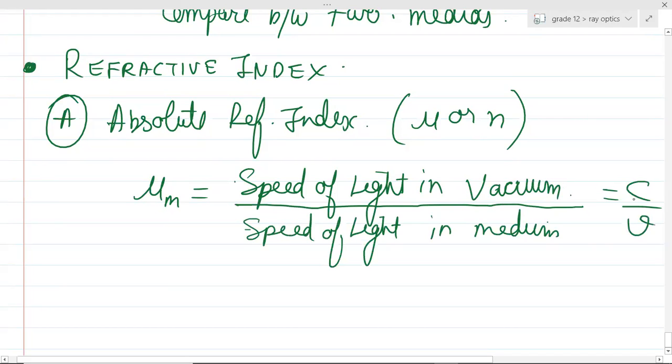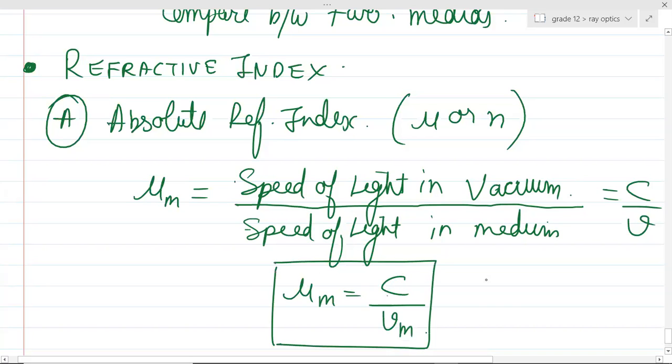Speed of light in vacuum is given by c and the velocity in the medium is v. So the absolute refractive index of a medium is the speed of light in vacuum divided by the velocity in the medium.